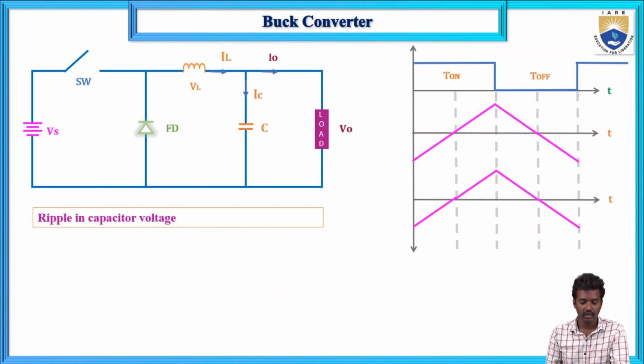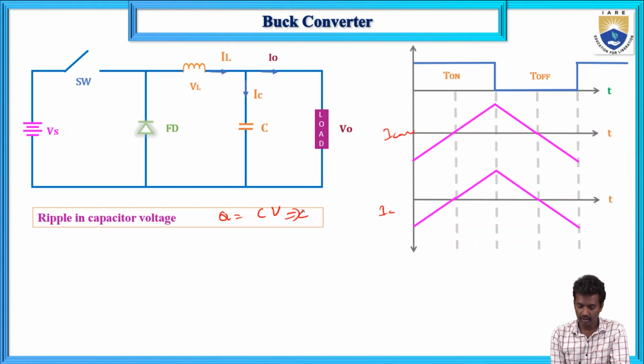And next, ripple in the capacitor. This is the IL average and this is for IC. For the IC current, there is a formula Q equals CV.